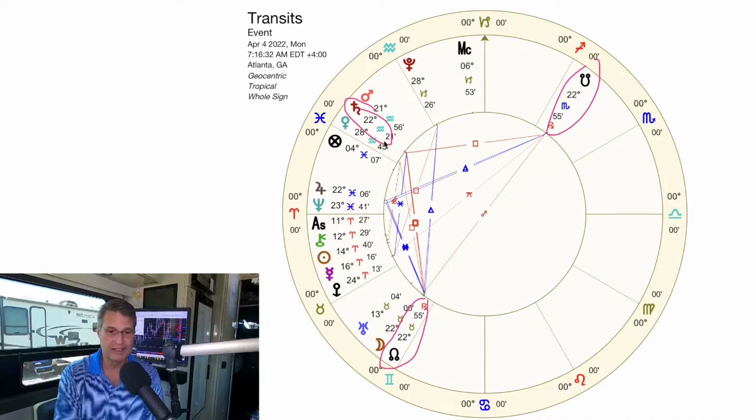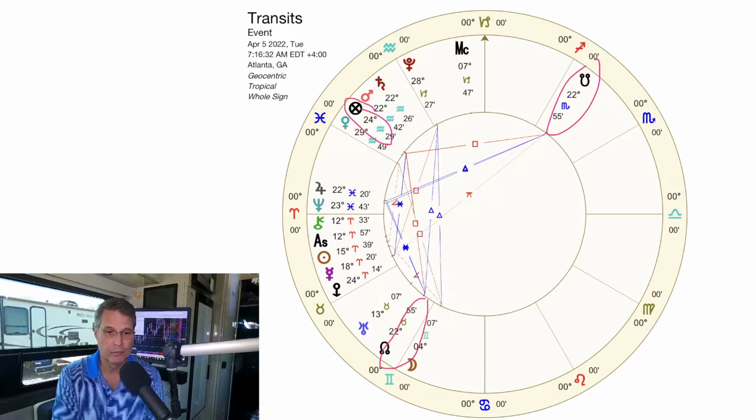There will be an exact in there on Monday. And then on Tuesday, let's go up one more day. Now we have Saturn and Mars conjoined. They conjoin. It's like 10 p.m. on the 4th. See, we're up here on the 5th.